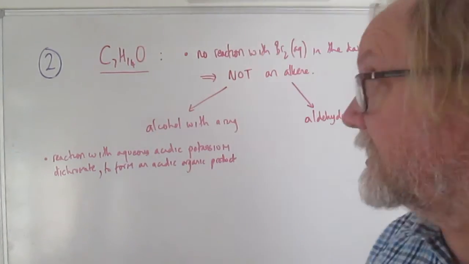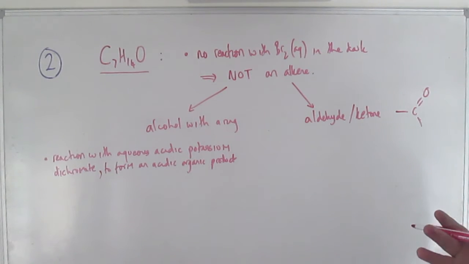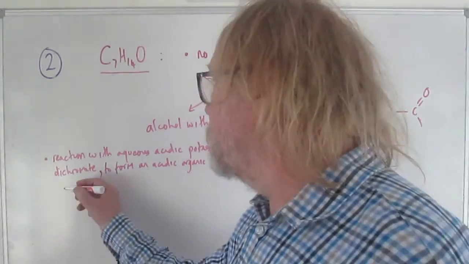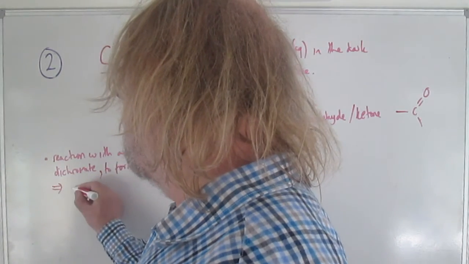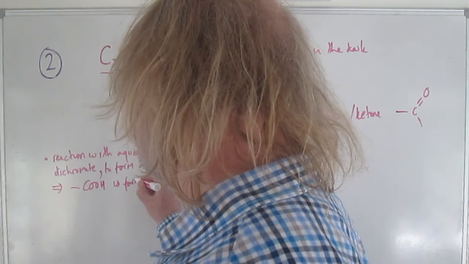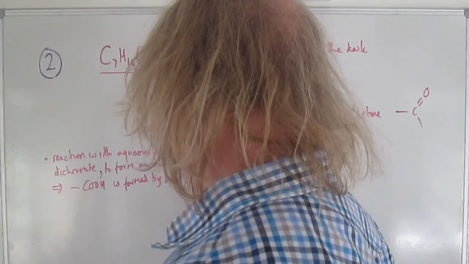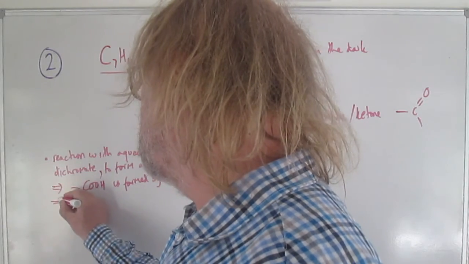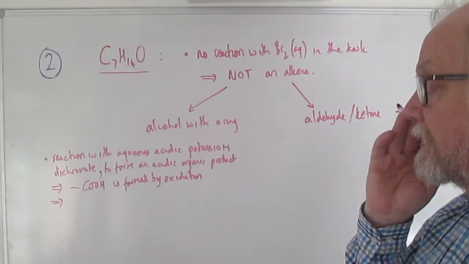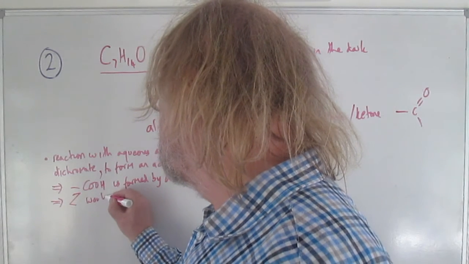And that means a carboxylic acid. Aldehydes and ketones are not acidic compounds. But carboxylic acids, obviously the clue is in the name, carboxylic acids are. So that would mean that the carboxylic acid group is formed by oxidation, and that in turn would mean that if compound Z is an alcohol, Z would be a primary alcohol.